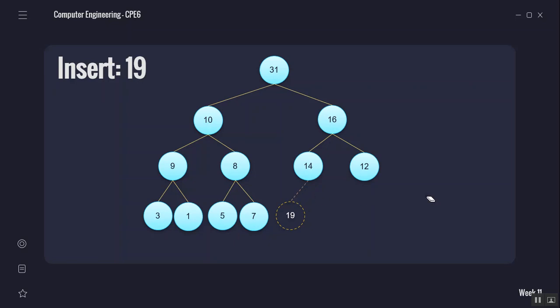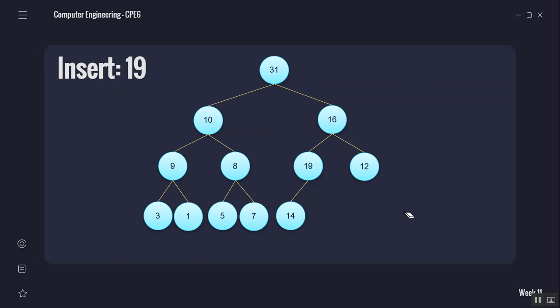Now, if we put 19 here, we need to swap it with 14 because we need to follow the property of a max heap. As you can see here, 14 is now at the third level: 0, 1, 2, and 3. Third level or third height of the tree.